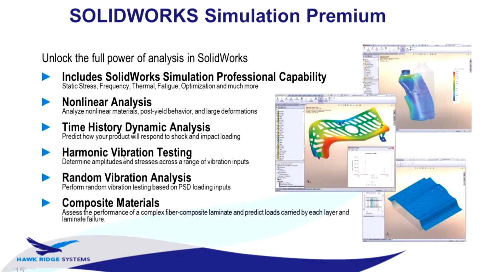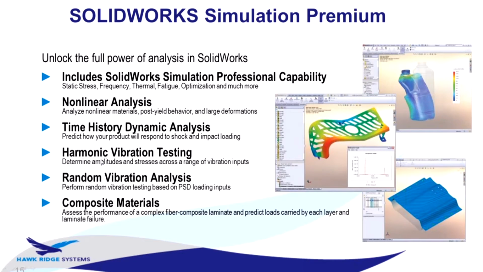But from a dynamic perspective, there are three main types of dynamic analysis, actually there's more than three now. And what they really vary is how we apply the load. We have time history analysis, which basically is saying, I'm going to supply some sort of input that changes with time. It might be a shock or it might be an impact.